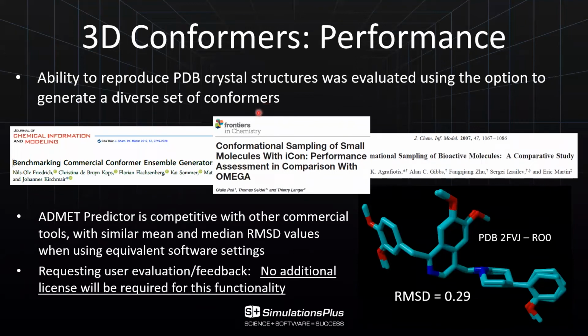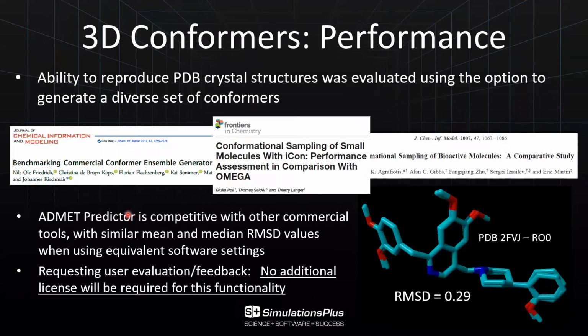The ability to reproduce protein-bound crystal structures from the PDB was not a primary design goal of this new feature, but we did evaluate its performance using the option to generate a diverse set of conformers and guided by several published comparisons of commercial and open source tools.